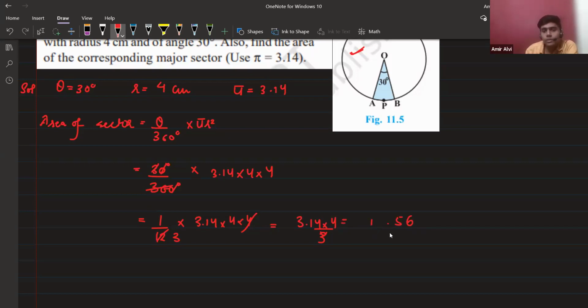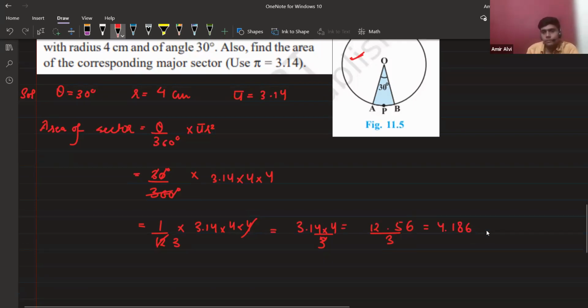So it would be around 4.1 and 2826, the value is in centimeter square. Clear, everybody? You can also confirm this from the calculator. It would be approximately this.